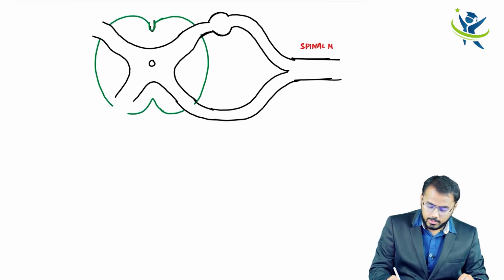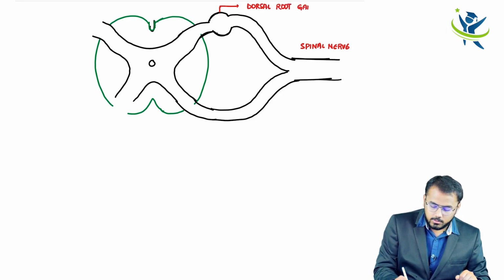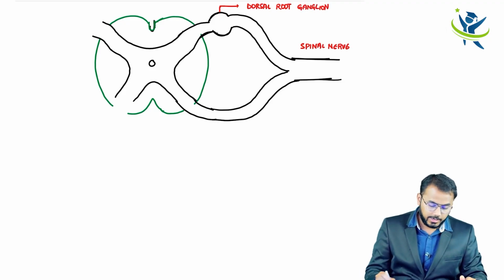And this particular structure is called the dorsal root ganglion. I hope you know what a dorsal root ganglion is, right?